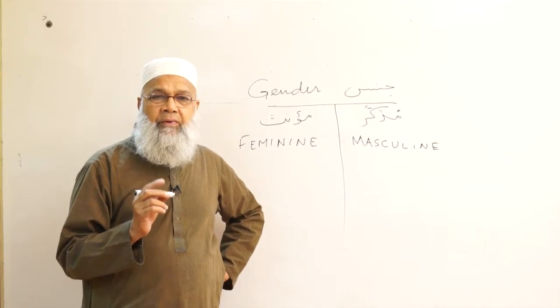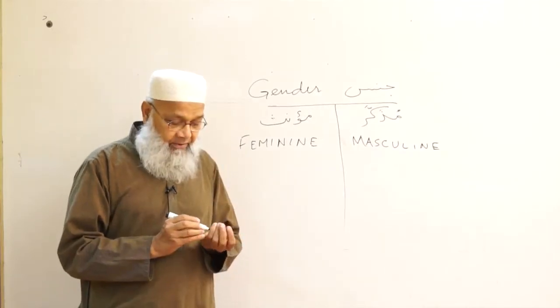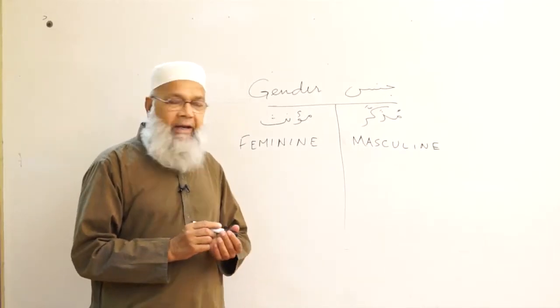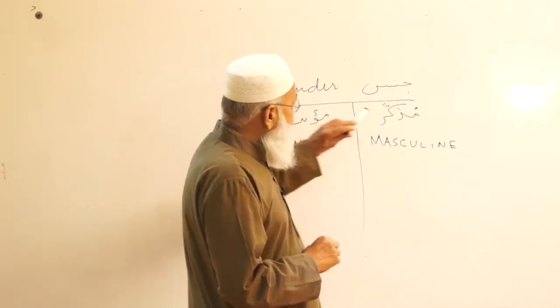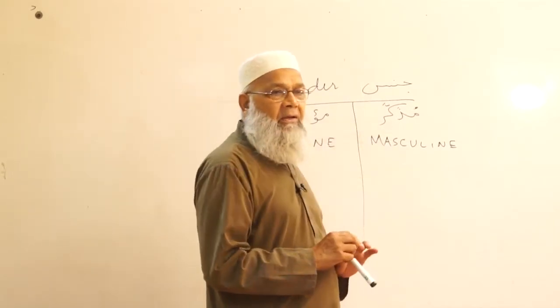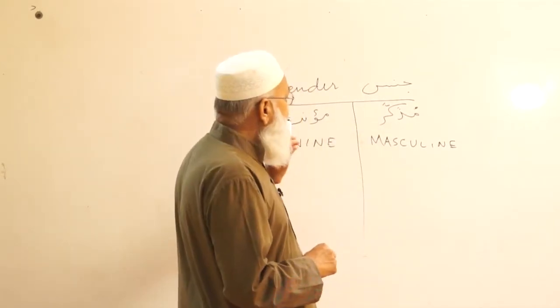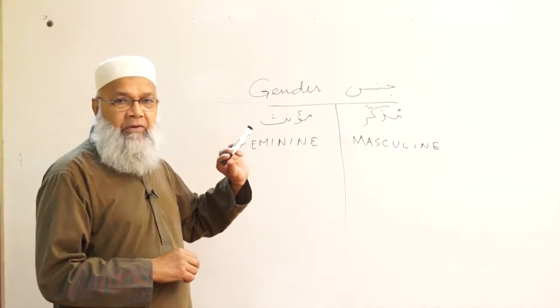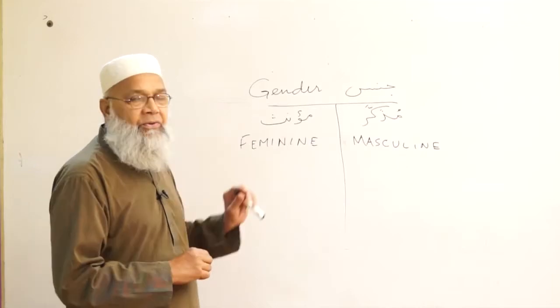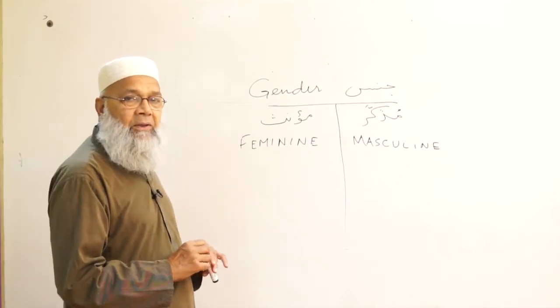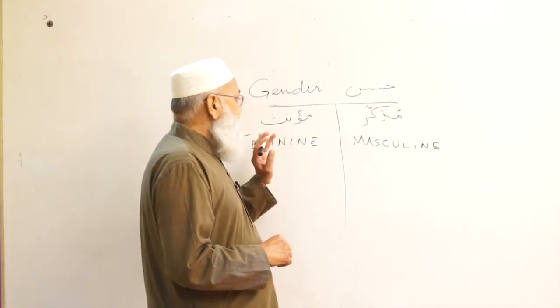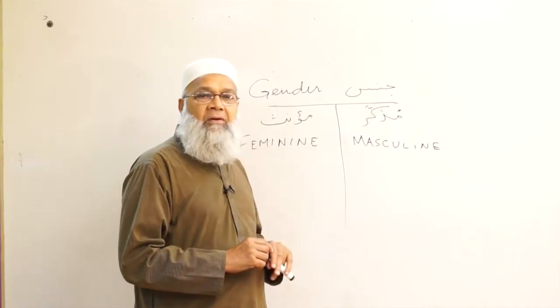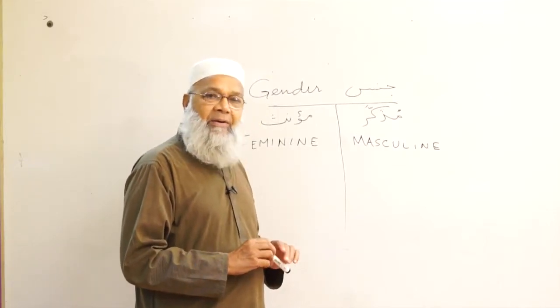Every noun in Arabic would be treated as masculine until it's proved to be feminine. So we will study only the feminine nouns, and all the nouns which don't fall under this heading will be treated as masculine.